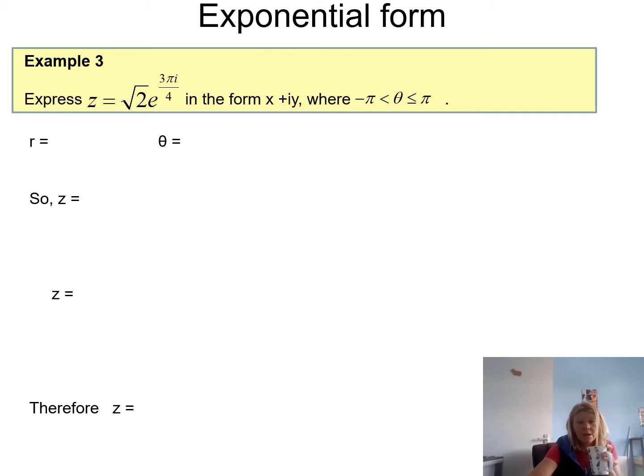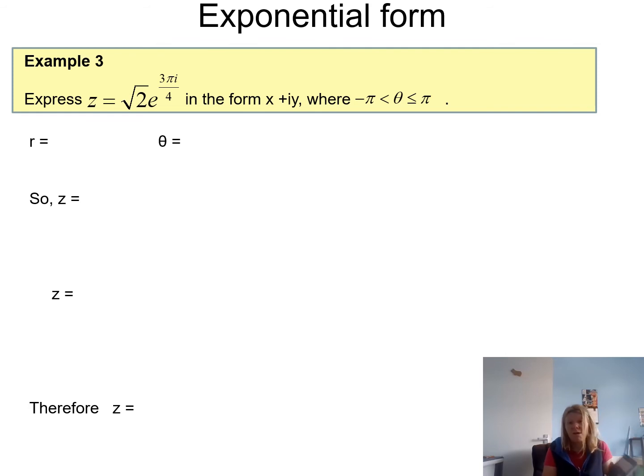Express this thing in a plus ib. Well, it's quite easy if you're using a machine, just put it in your machine. You can enter that straight in. Why do you want to do this? I don't know, because if you enter that straight in, root 2 e to the power 3, shift pi, shift i, ABC4.